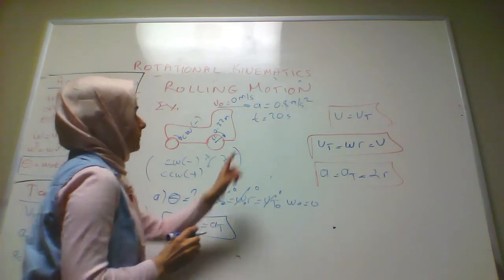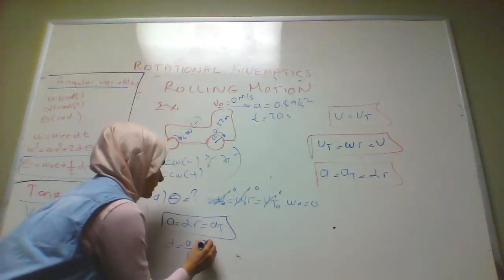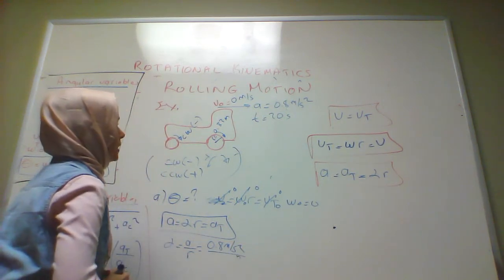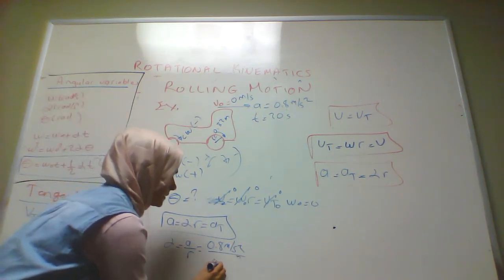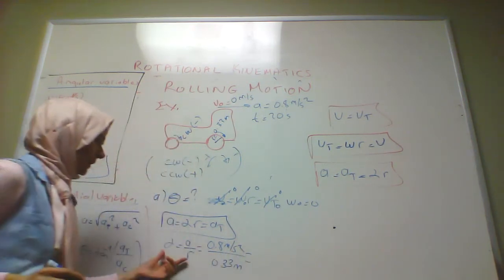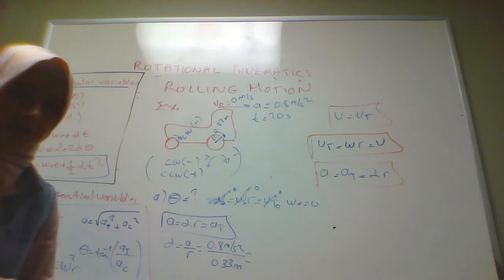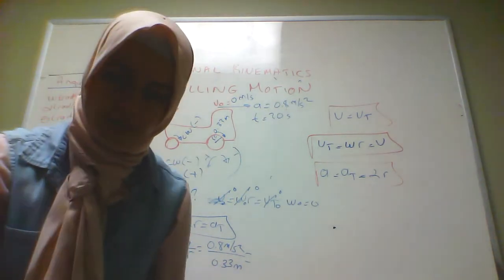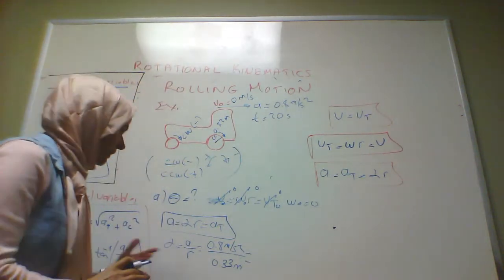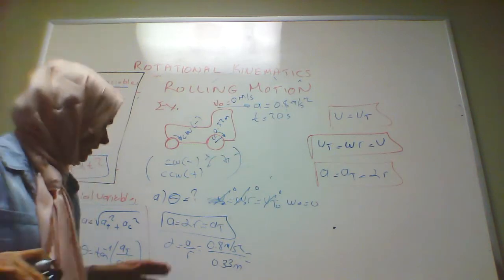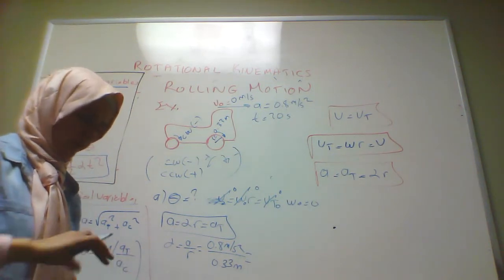And I know A, 0.8 meters per second squared, divided by r, 0.33 meters. And here we're going to find alpha in radians per second squared. Radian appears suddenly, as a student asked me in the classroom, because it's not really a unit, it's a value. And as we move from linear to angular variables, that's what we always do.